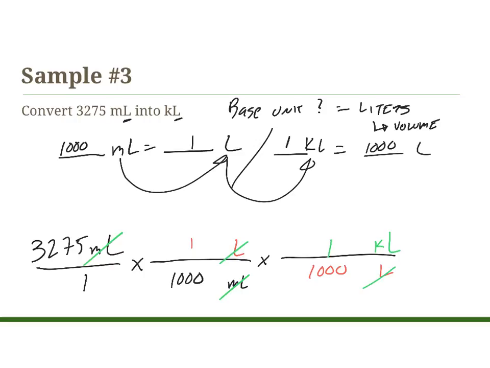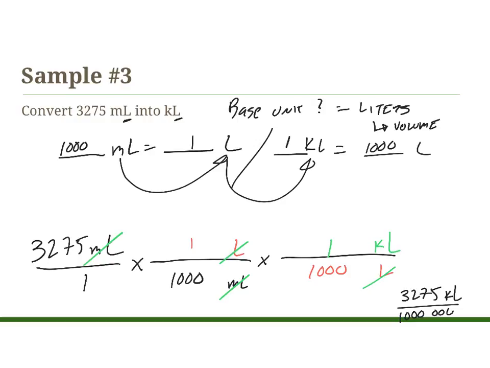And now I'm going to do some math. So I'm going to multiply straight across, and when I multiply straight across, I'm going to be left with 3,275 kiloliters over 1,000 times 1,000, which is 1 million. And then I'm going to simplify.